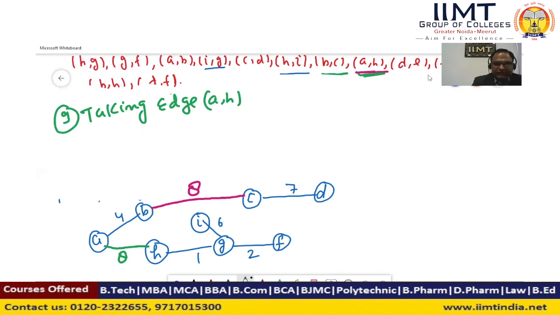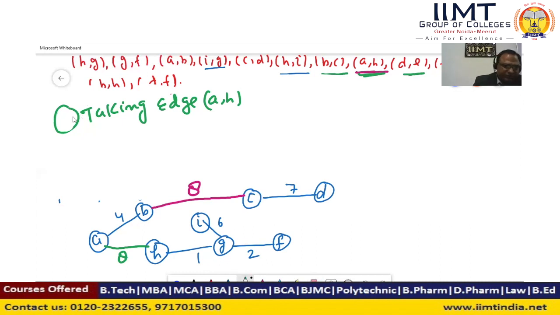Now the next edge is d comma e. Can we take it? We have to check whether, if we take it, it will create a cycle or not. No, it will not create a cycle. Why? Because, taking the edge, that is step number 10.